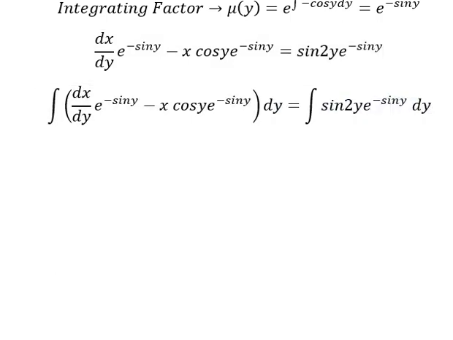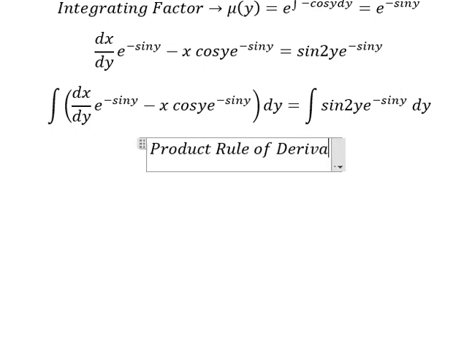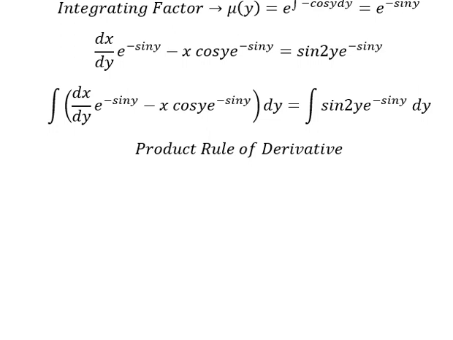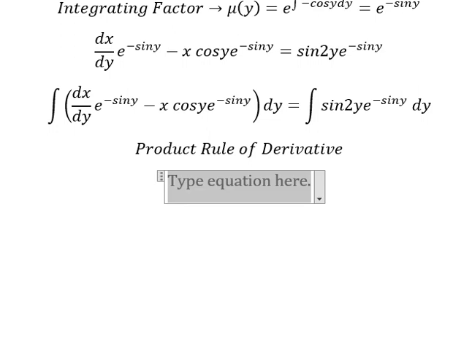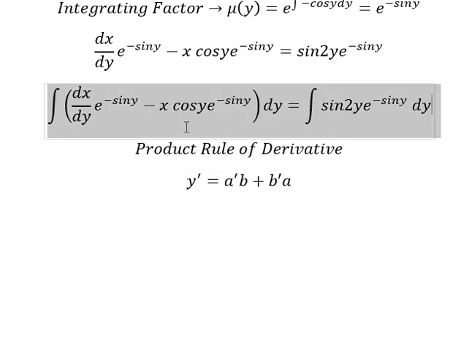Next, we need to use the product rule of derivative. So we have the first derivative of y equals the first derivative of a multiplied by b plus the first derivative of b multiplied by a.